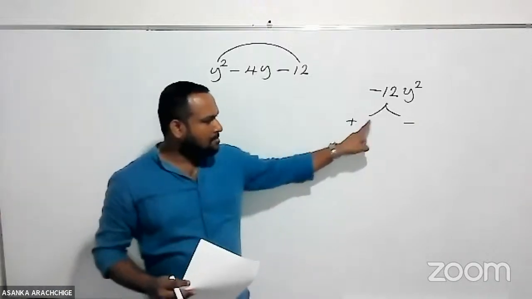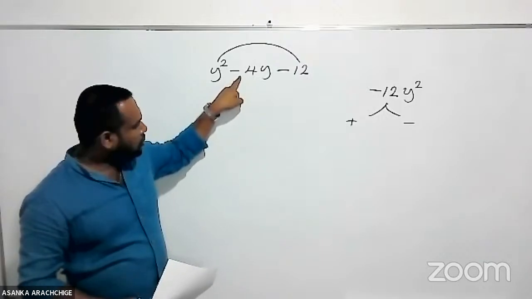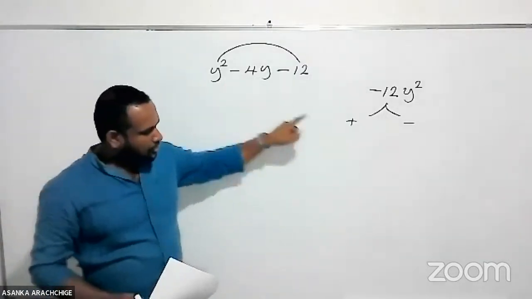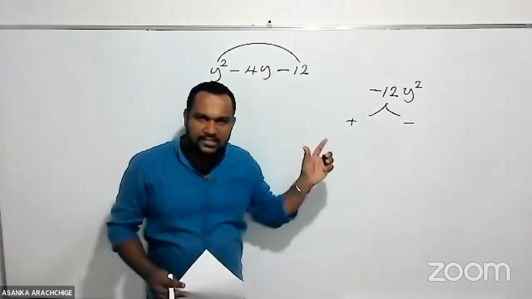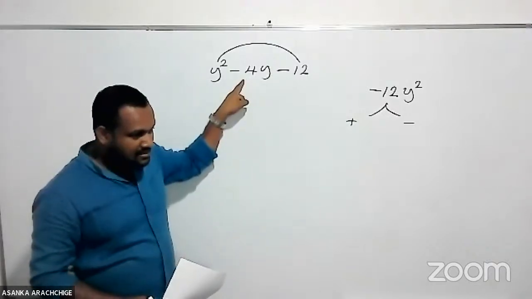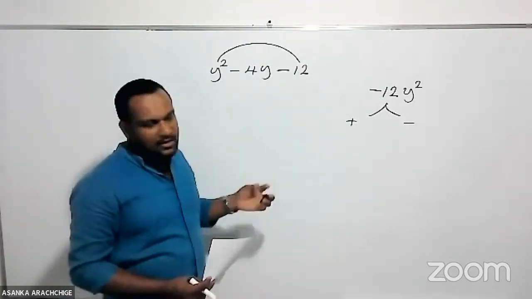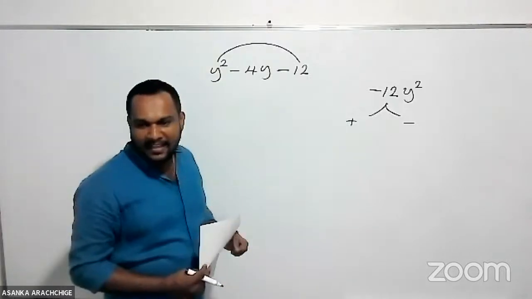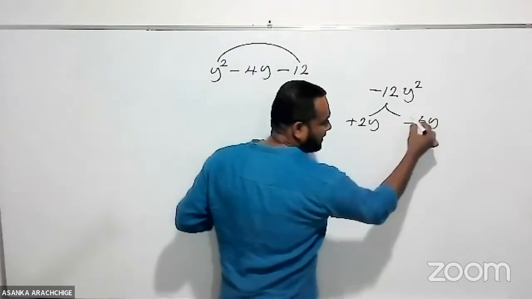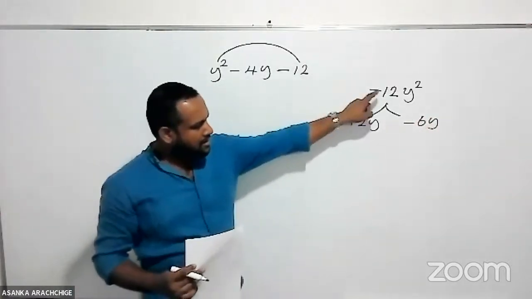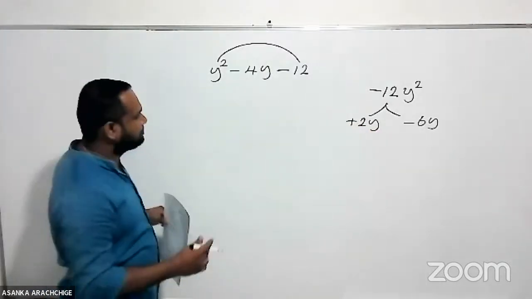So, the sum of the two factors has to be equal to the middle term. If the sum of two terms with two different signs is to be minus, the bigger one has to be minus. So, what are the two factors that we can take there? Plus 2y and minus 6y. The product gives minus 12y squared, while the sum gives minus 4y.